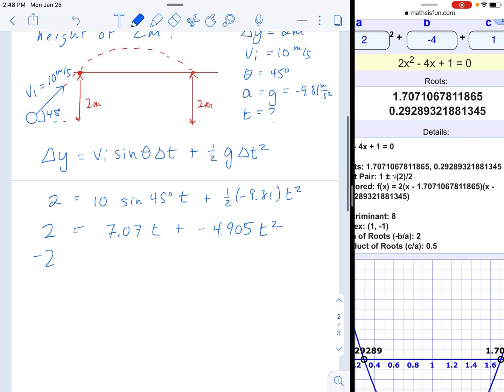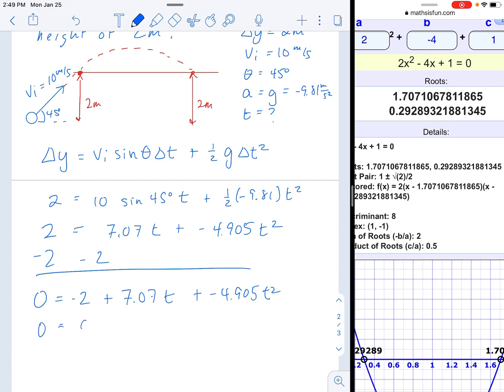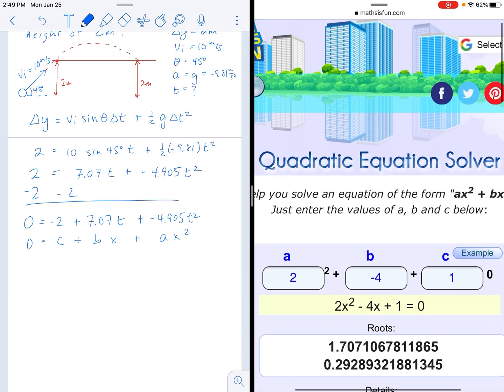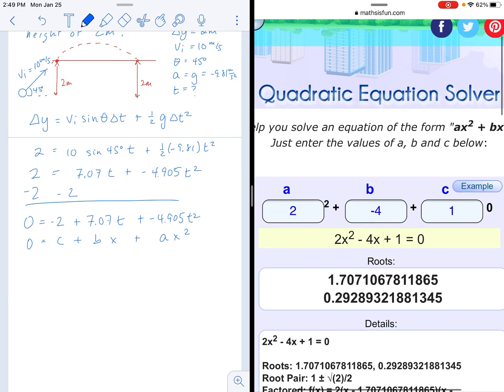Okay, so I would subtract 2 from both sides so that I have 0 equals negative 2 plus 7.07 t plus negative 4.905 t squared. And this is in the form of a quadratic equation. It's backwards. C is first, B is in the middle, and A is last. So let's go back over to my handy little solver here.